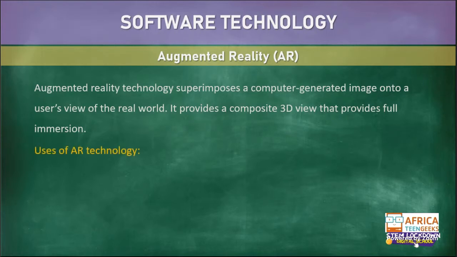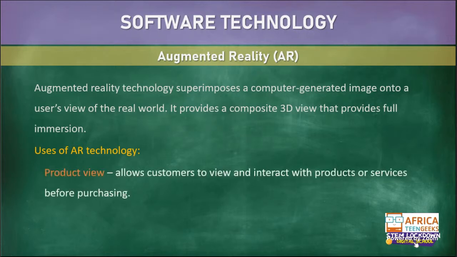Right, how is it used and where? Number one, in product view, it allows customers to view and interact with products or services before purchasing them. So if you want to buy a car, you will be able to use augmented reality to view and interact with the vehicle.